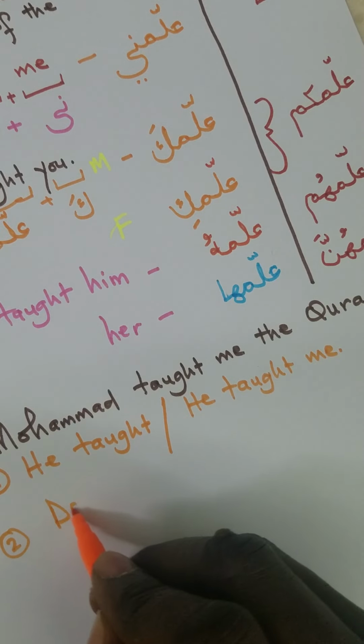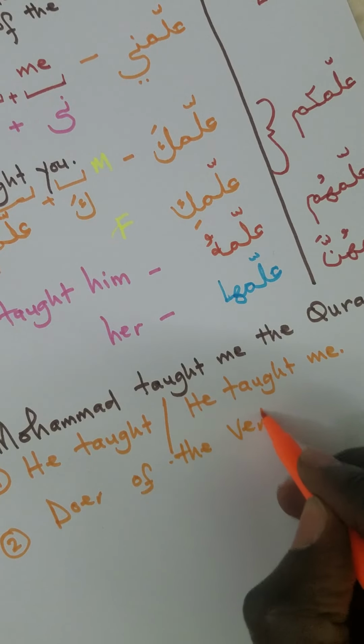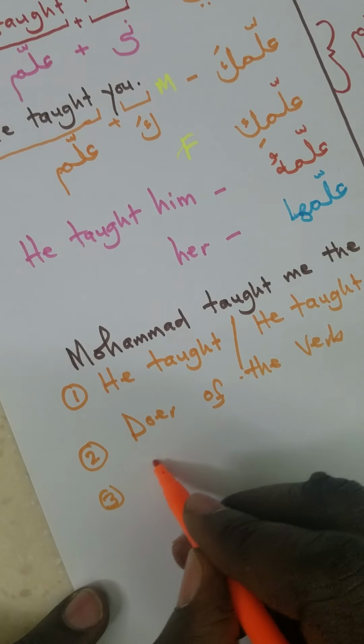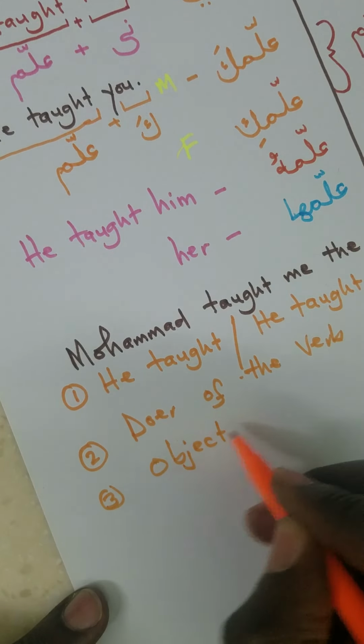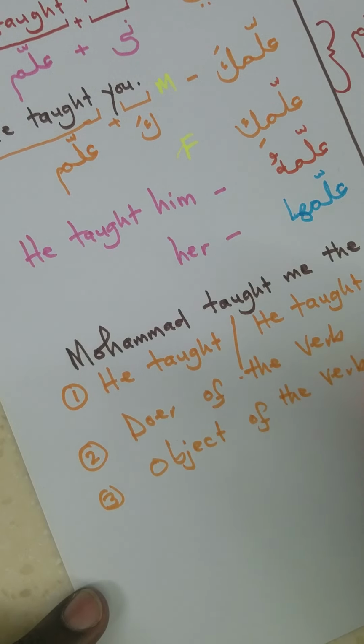Two, doer of the verb in case one, and three, object of the verb in case two.